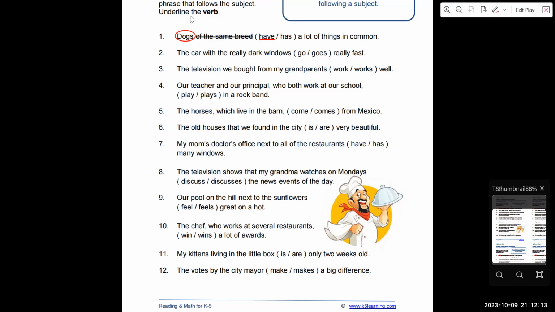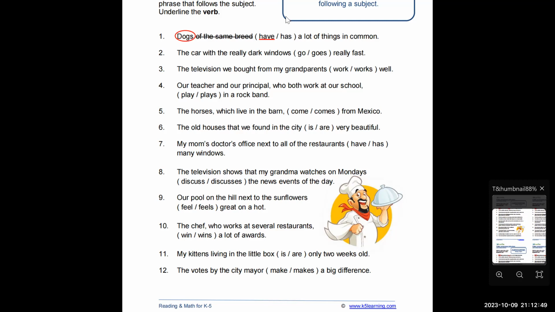When the noun is plural, we would choose go; when the noun is only one, we would choose the second one, like goes. You have to make it plural, like add es or s. It depends on the word. Okay. Number 3.